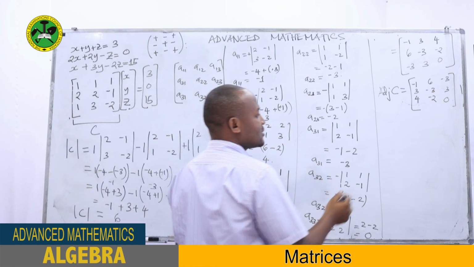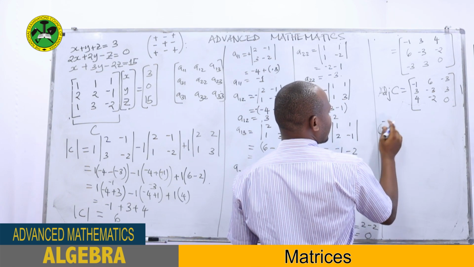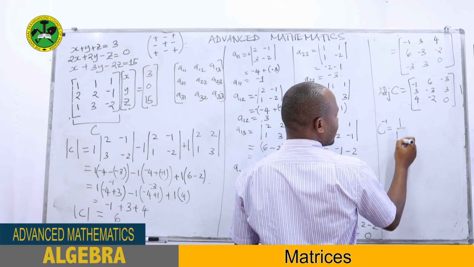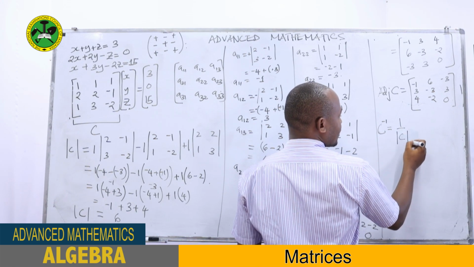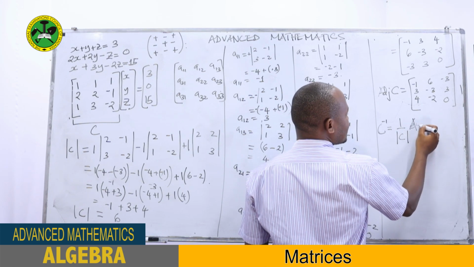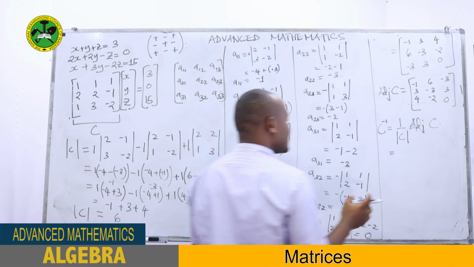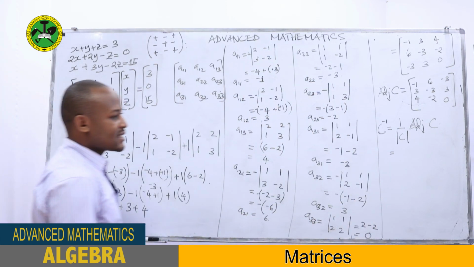And then after that, we have to find the inverse of matrix C. And how do we find that? We said the inverse of C equals to what? To 1 over the determinant times the adjoint of C. That means remember the determinant was 6.